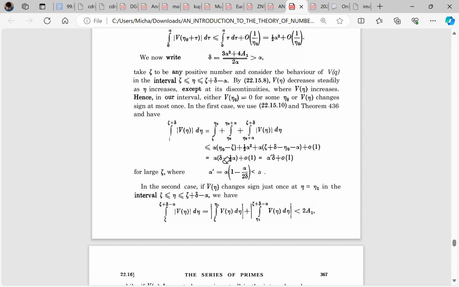Yep, so if you add all these together, the eta naught cancels the eta naught, zeta cancels the zeta, you just get delta minus alpha. And the half alpha here becomes minus half alpha. It's a factor of alpha, so that's good.